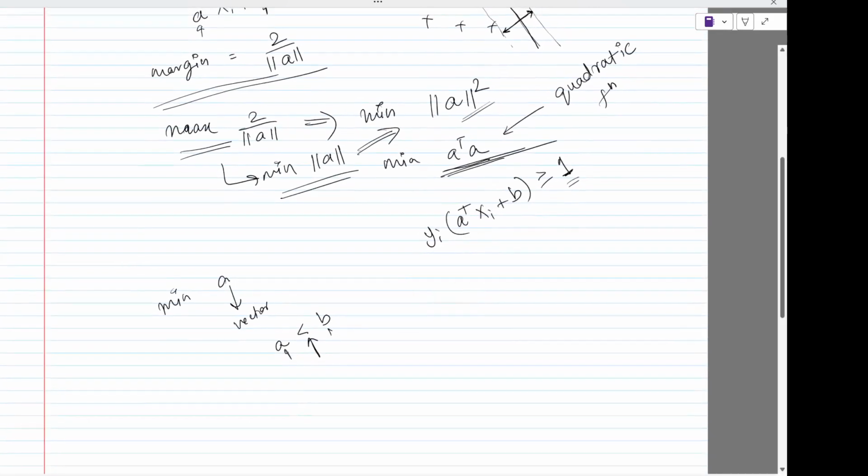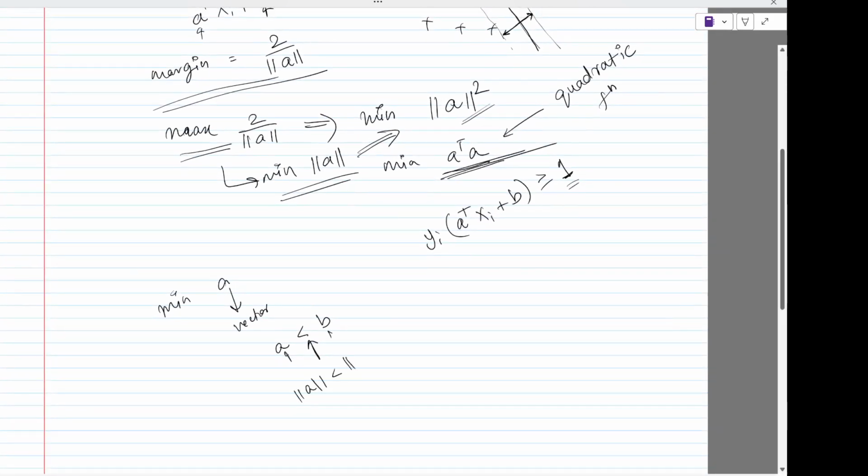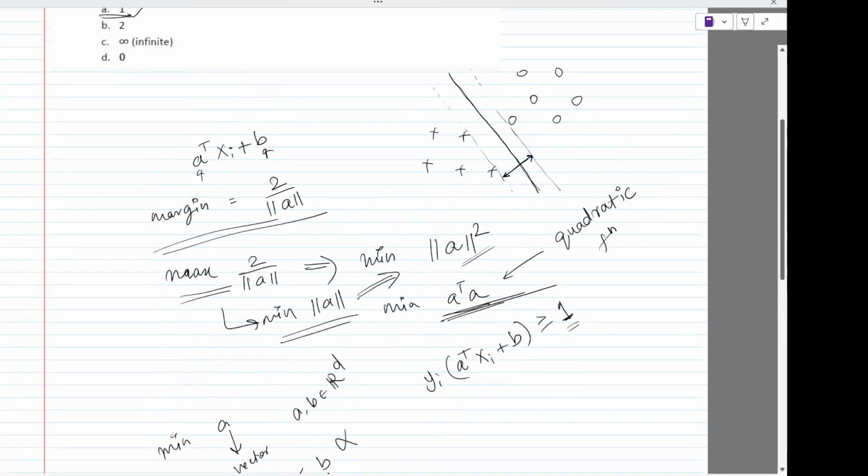You can say the norm of A is less than the norm of B, the L2 norm, but you can't say A is less than B if A and B are d-dimensional vectors. Is it clear? Okay.